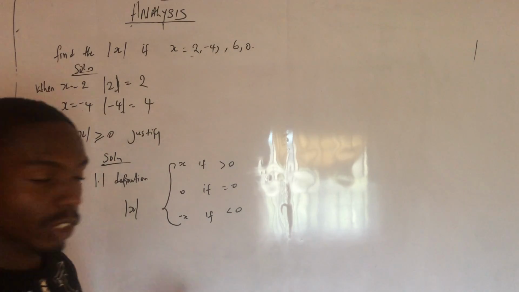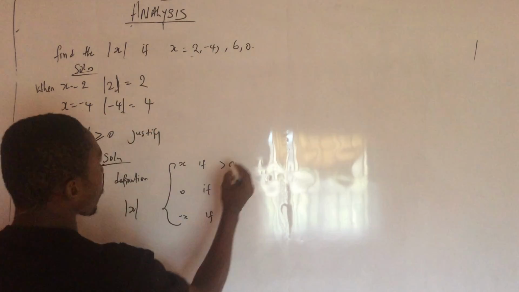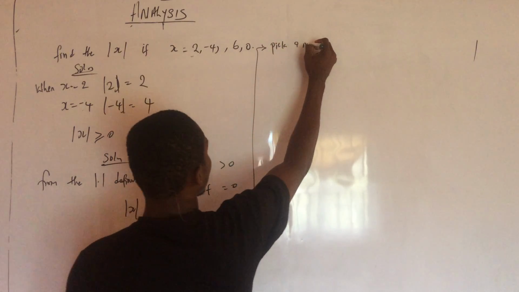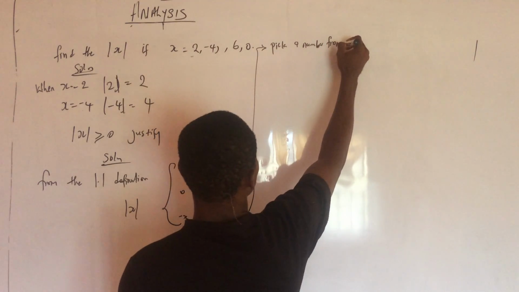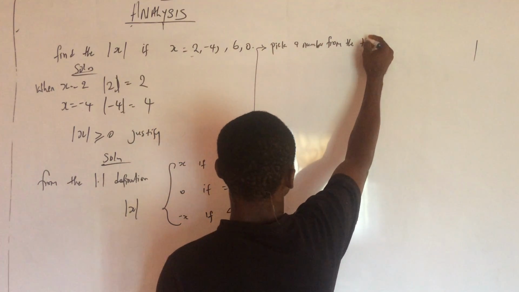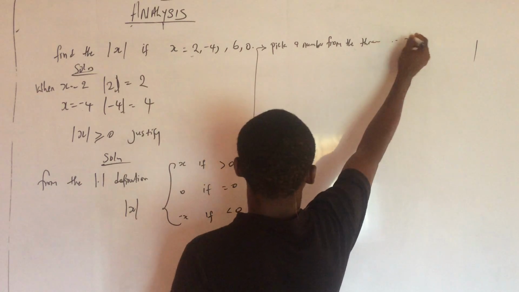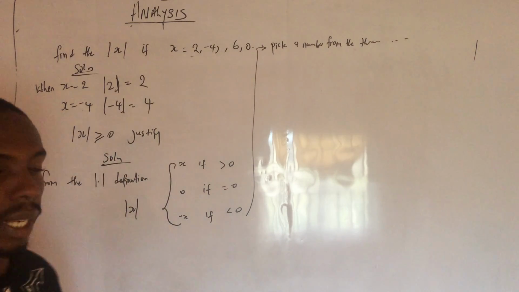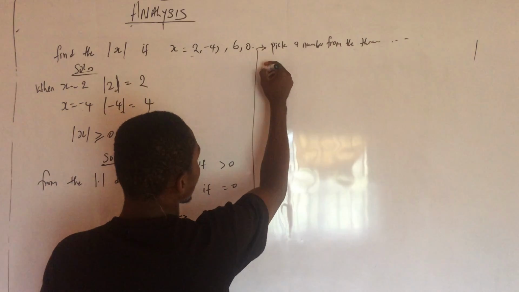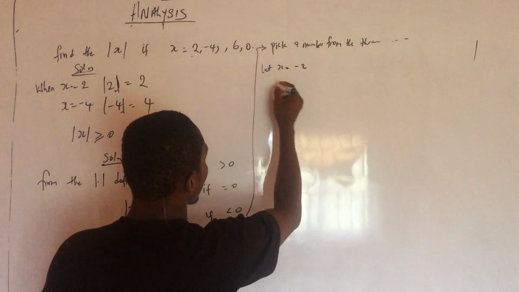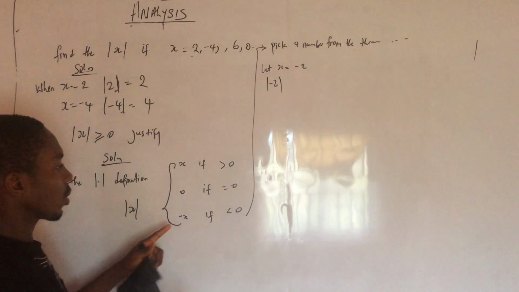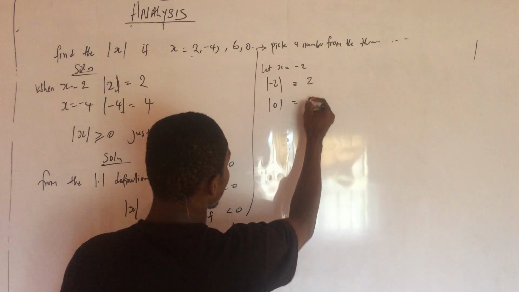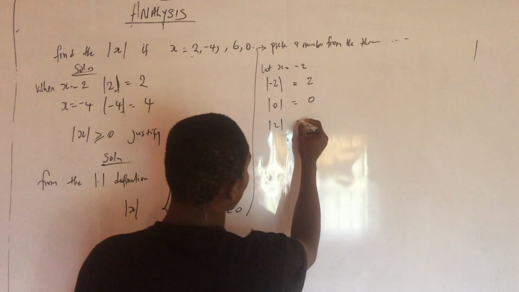So to complete your justification, you pick a number from the three divisions. First we pick a negative number. Let x equal minus 2. When we plug a negative number here, it is going to give us 2. When we plug in 0, we get 0. When we plug in a positive number, we get 2.